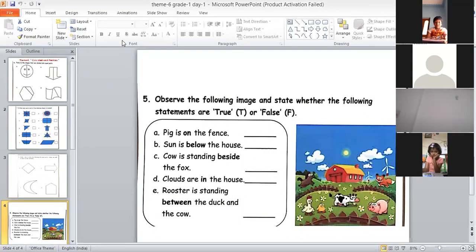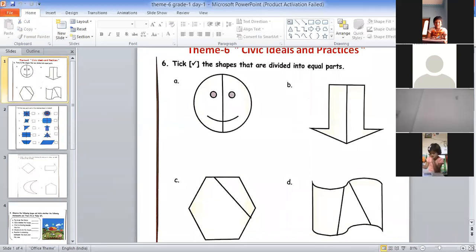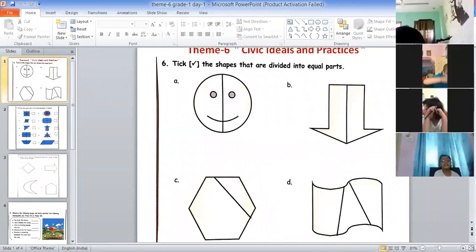Okay, children, on the same page, that is page number 3, we have one more question. This is question number 6. So we'll be doing this question now. I want someone to read this. Bhavashrit, yes, please read this question.